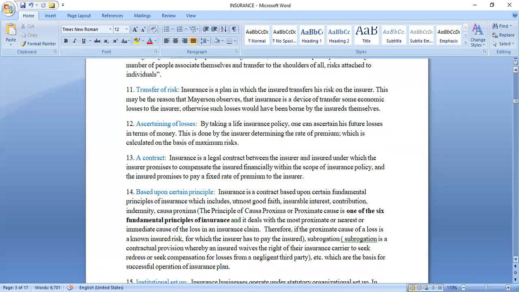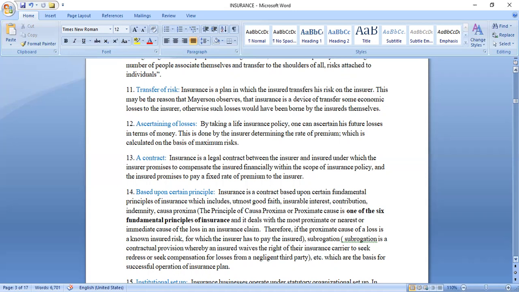Then insurance also involves ascertaining of losses, of course, at the time when a risk occurs, when that unexpected event occurs. It could be an accident, the perils of the sea in marine insurance, fire, burglary, theft or robbery.